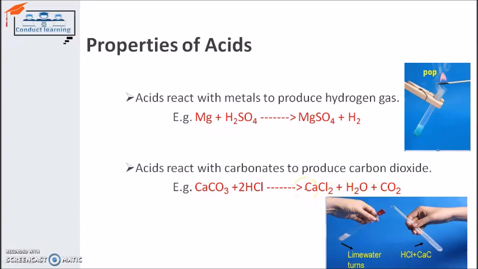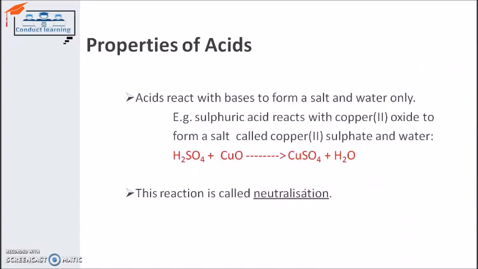So if carbonates and hydrogencarbonates are there and acids react with them, they give us water and carbon dioxide. This is simply the reaction of acid with carbonates and hydrogencarbonates.